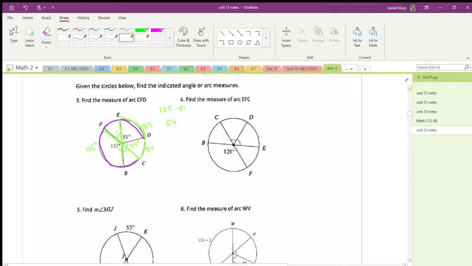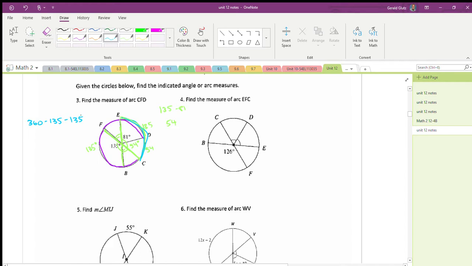So then we can use that to figure out these 2 other missing ones. Let's use a different color so you can actually see this. So I know all the way around the circle it has to be 360. So we know that this is 135. This part is 81. Well, we could just use this whole part as 135 also.